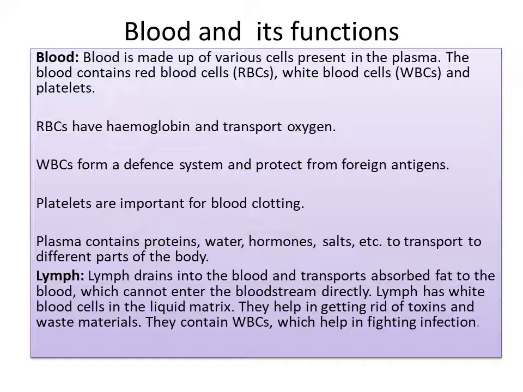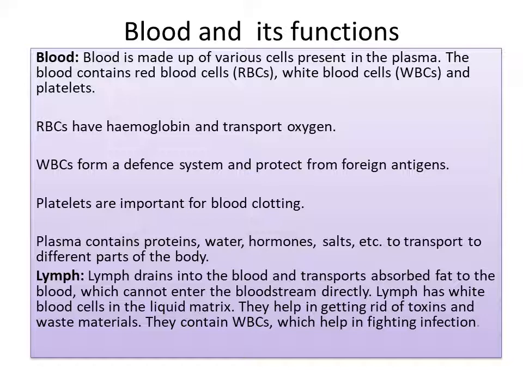Then comes lymph, which is another type of fluid connective tissue. Lymph drains into the blood and transports absorbed fat to the blood. This fat, which cannot enter the bloodstream directly, enters into the blood through the lymph ducts. Lymph has white blood cells in its liquid matrix.